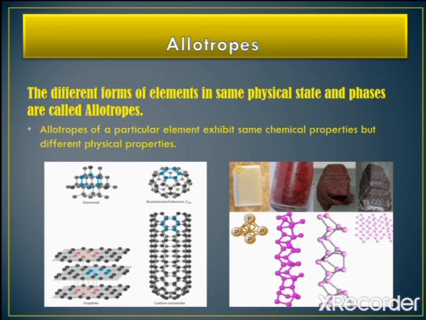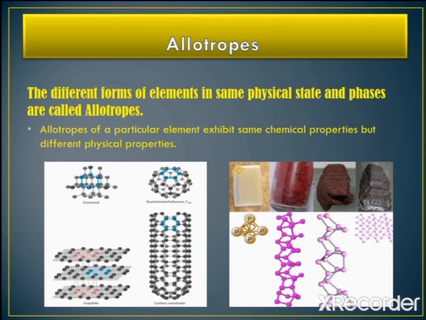In the following figures, you can see that there are different forms of an element. The first picture is about carbon. Carbon can exist in different forms. All the forms have same chemical properties but different physical properties.